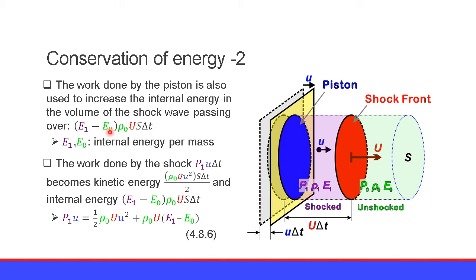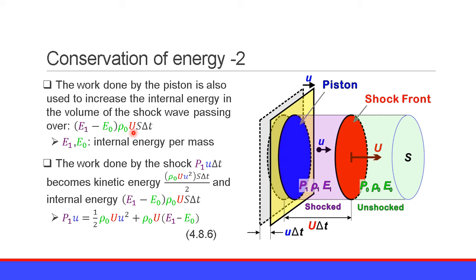E1 and E0 are the internal energy of this material per mass after and before the shock wave, and therefore E1 minus E0 is the increase of internal energy due to the shock wave passing over.